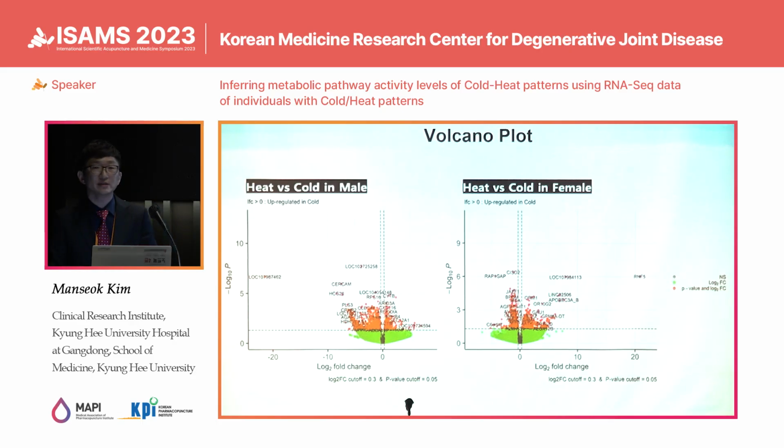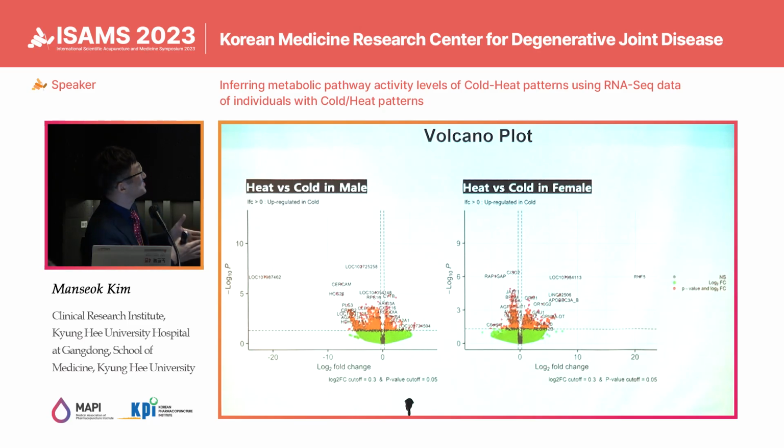Using the RNA-seq data sets, we first didn't consider whether it was male or female. We just looked at the difference between cold and heat pattern, and got some significantly differentially expressed genes, and found that the top list of genes came from the sex chromosome.